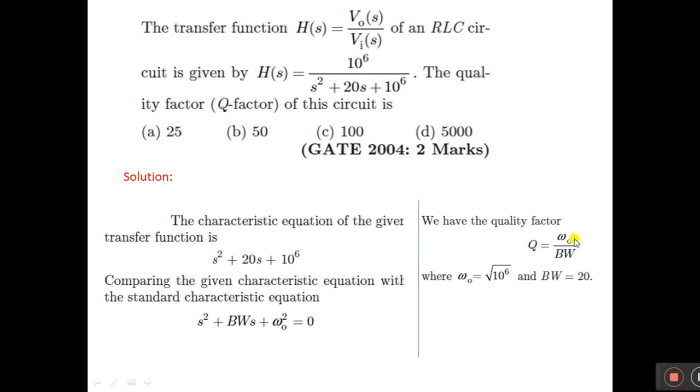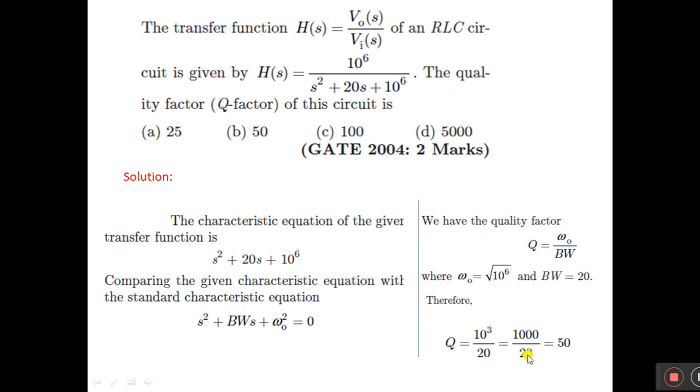Quality factor equals omega naught by bandwidth. So this is omega naught square, so from this we can calculate omega naught. That is square root of 10 power 6. And bandwidth we can take directly as 20. Now quality factor becomes 10 power 3 divided by 20, that is 1000 divided by 20.